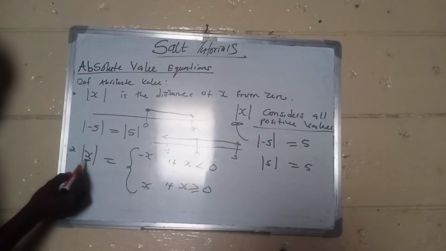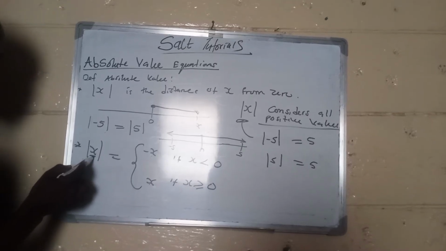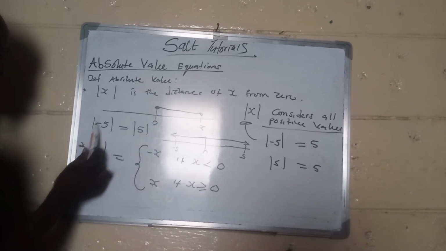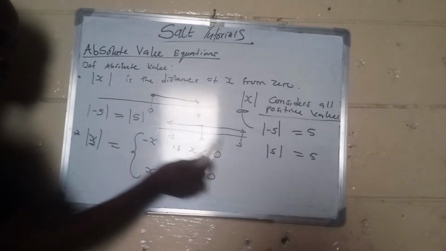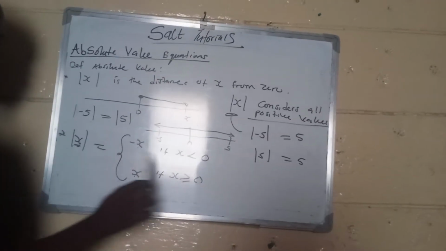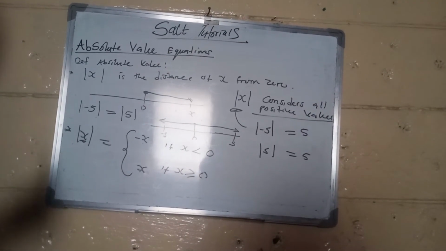Whatever is in the absolute value should always come out positive. What is inside just talks about the distance from 0. The distance from 0 to -5 is the same as the distance from 0 to +5. So with this information, we are going to come up with equations.